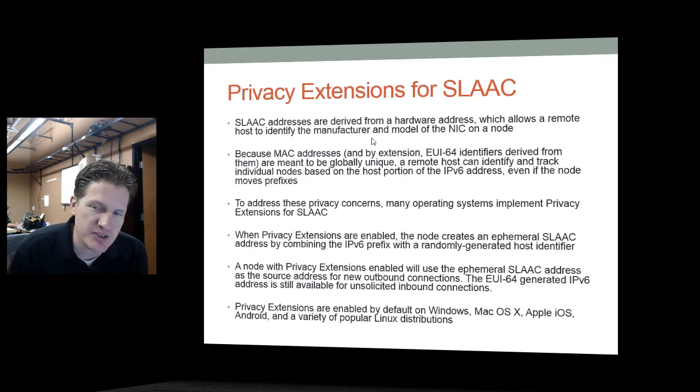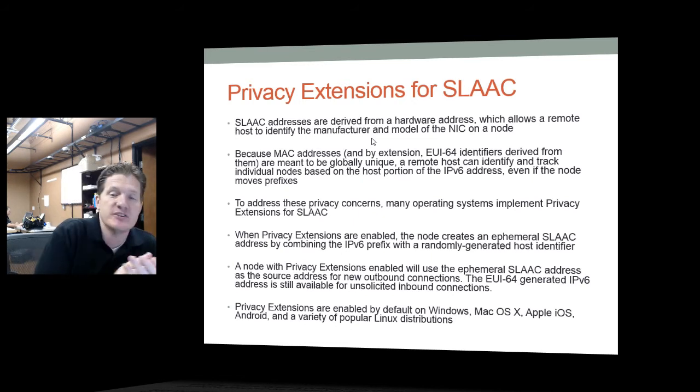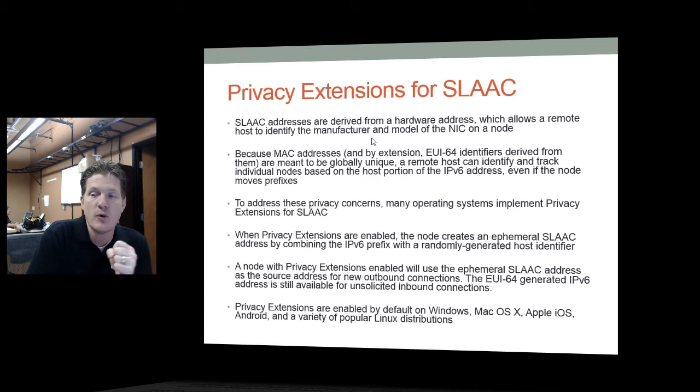When privacy extensions are enabled, the node creates a SLAAC address by combining the IPv6 prefix with a randomly generated host identifier. A node with privacy extensions enabled will use that SLAAC address as the source address for new outbound connections. The EUI64 generated IPv6 address is still available for unsolicited inbound connections.